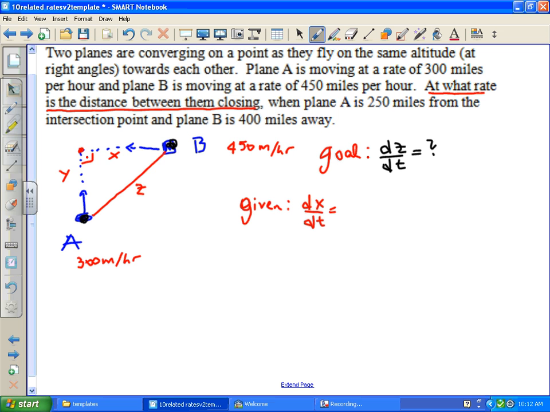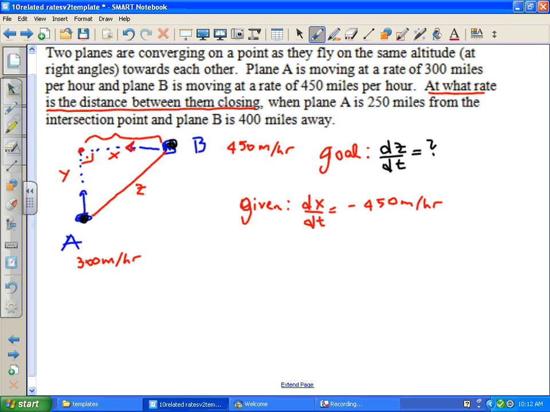It's 450, but positive or negative? It should be negative. dx/dt should be negative 450 miles per hour. Yes, because this plane is going that way, and what is happening to the distance x? It's getting smaller, right? Therefore, the rate of change is negative 450 miles per hour.